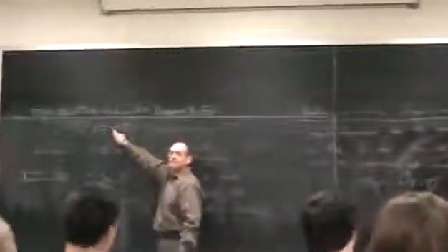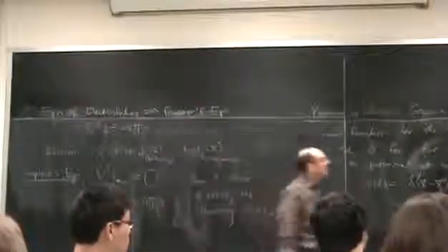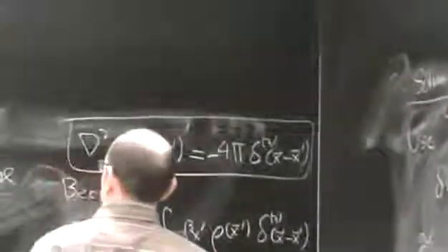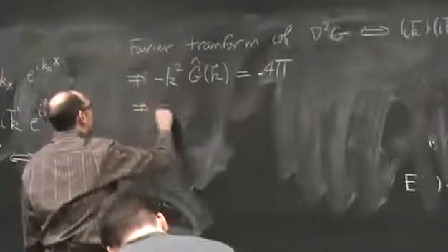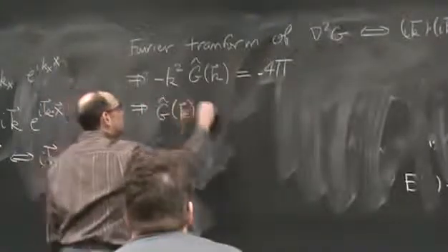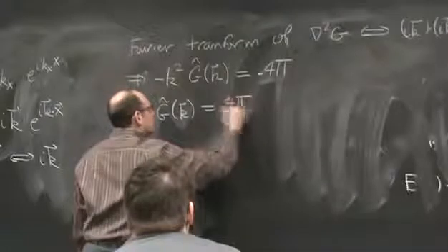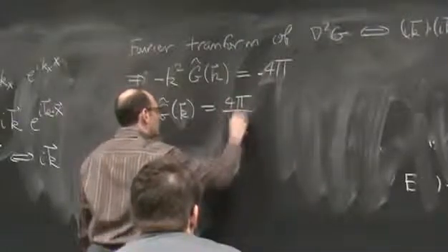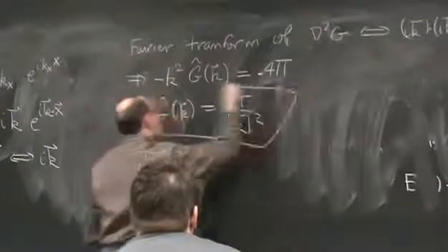The Poisson equation has a minus sign, so the Green's function equation has this minus sign in it. So it's minus 4 pi. So the Green's function for the Poisson equation is equal to this in Fourier space.